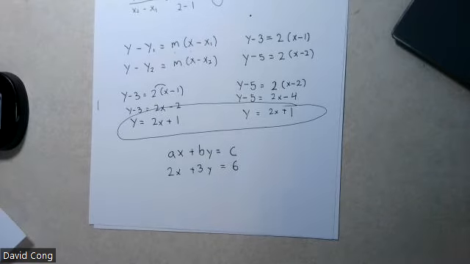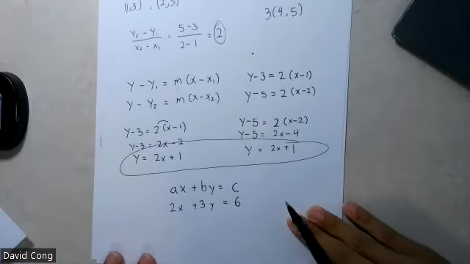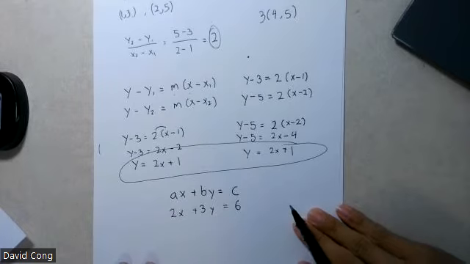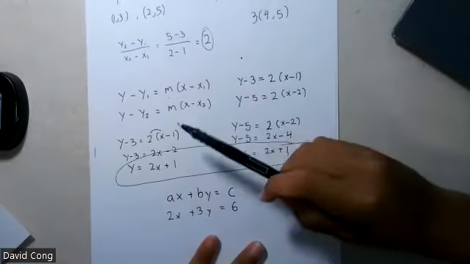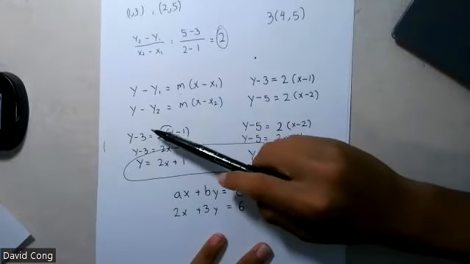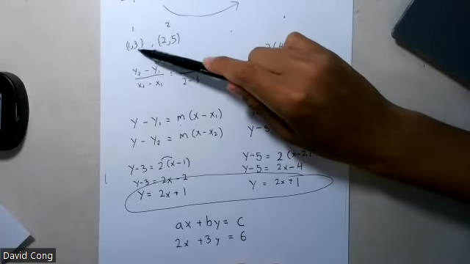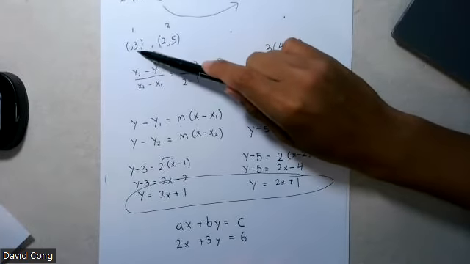So where did the 1 come from in y equals 2x plus 1? Let's look at the form in general. We have y minus y1. And we know y1 is a point. We called it here. This is 1. So this is the y coordinate of 1.